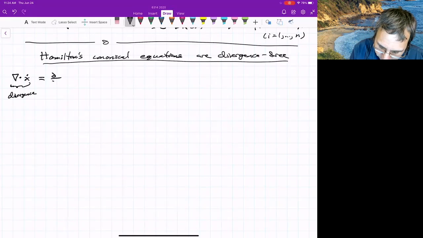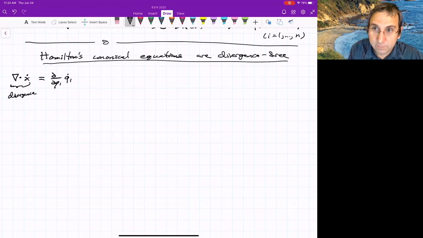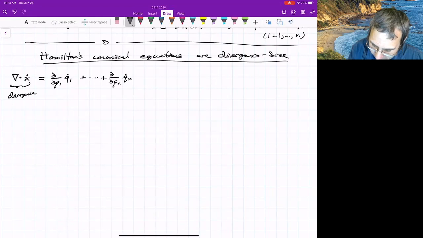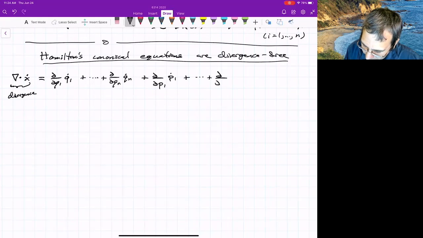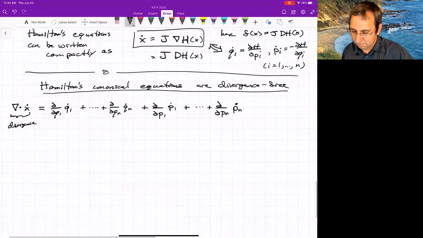This is partial Q1 of Q1 dot all the way up to partial Qn of Qn dot, plus, now the next group is the P's, partial P1 of P1 dot all the way up to partial Pn of Pn dot.